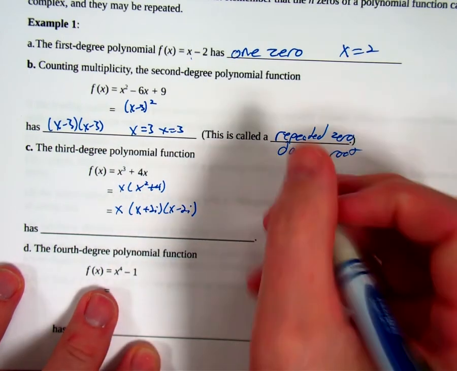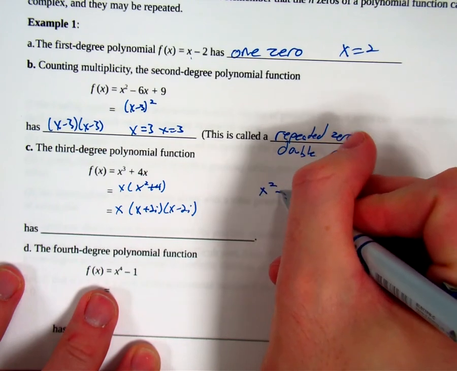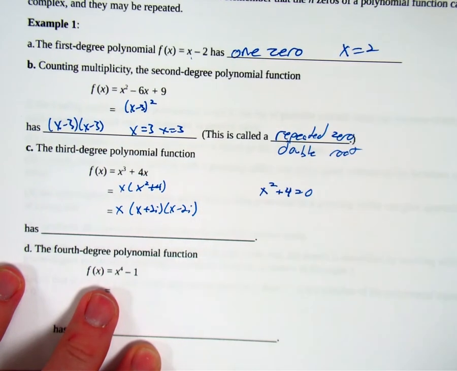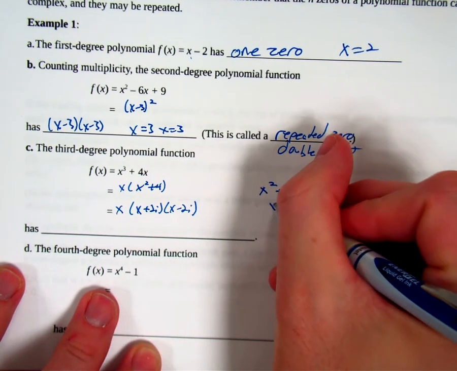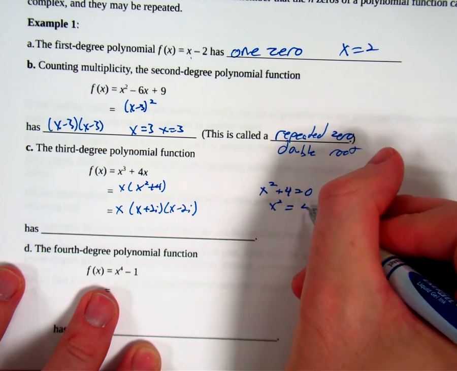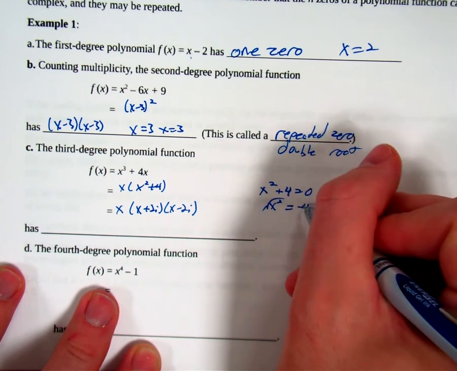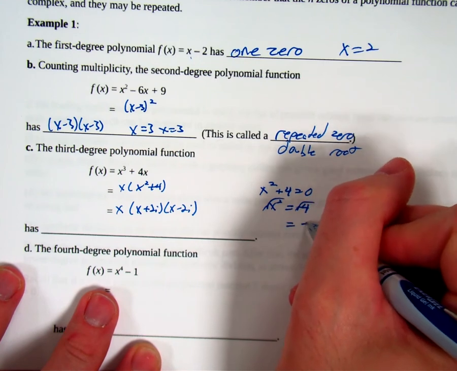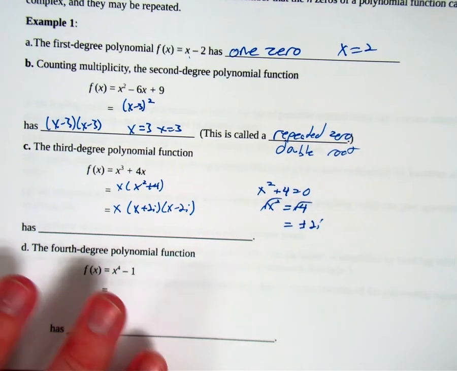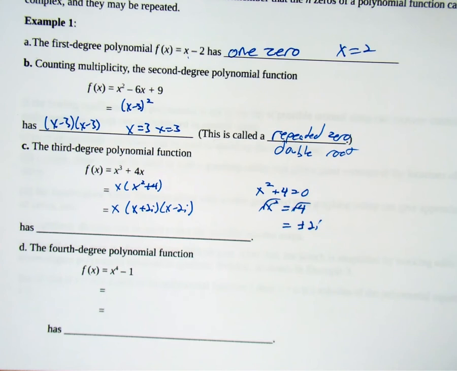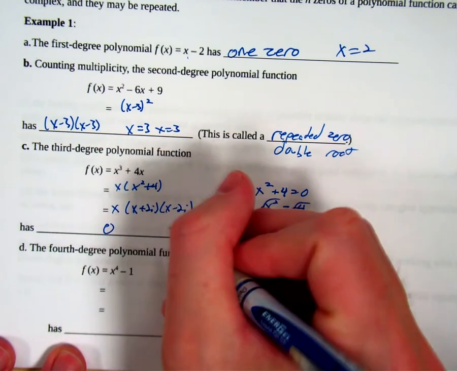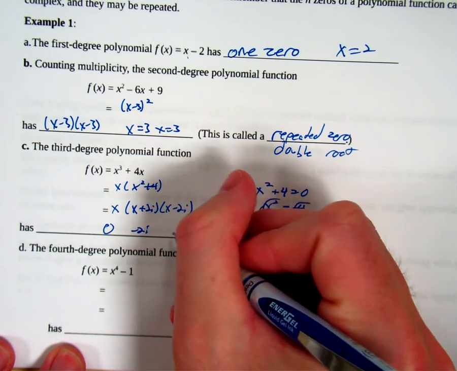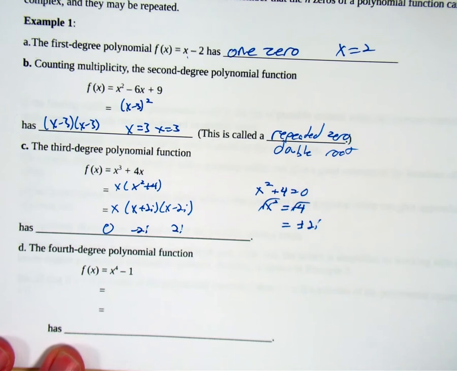If you want to go through and do that over here on the side, you could. x squared plus 4 equals 0, x squared equals negative 4, square root, square root of negative 4 is going to be plus or minus 2i. So we would have 0, negative 2i, positive 2i.